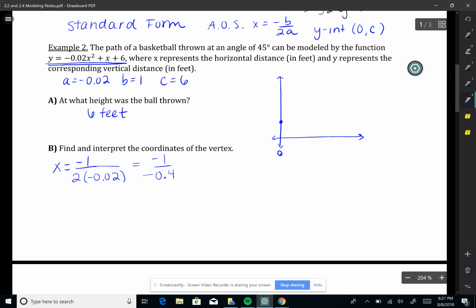Well, we know a negative over a negative is a positive, and when I took 1 divided by 0.4, I got 25. Try in your calculator, it's 25. So I know that my axis of symmetry is x equals 25. So I'm just going to say that this is 25.